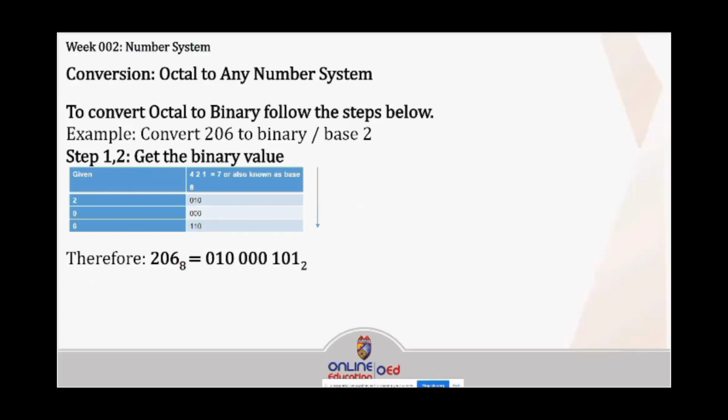If you're going to read the result, mula taas, pababa. Kasi it's 206 octal, hindi na siya decimal. So, we have 010. Next is tatlong 0. Followed by, dapat ito ay 110, hindi 101.